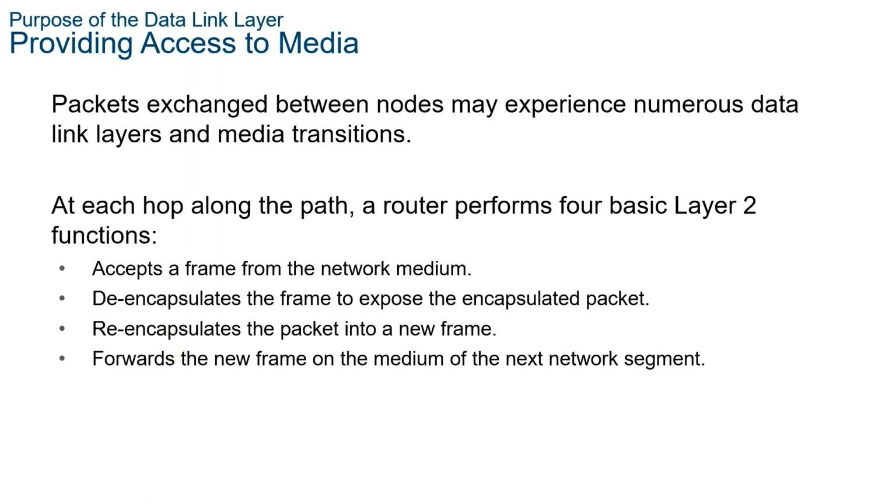And last, it forwards the new frame appropriate to the medium of that segment of the physical network. So the router is capable of encapsulating and de-encapsulating, same with the data link layer. Every layer in the OSI model has what you call a protocol data unit. In the data link layer, we call it frames. In the network layer, we call it packets. On the transport layer, we call it segments or datagrams.